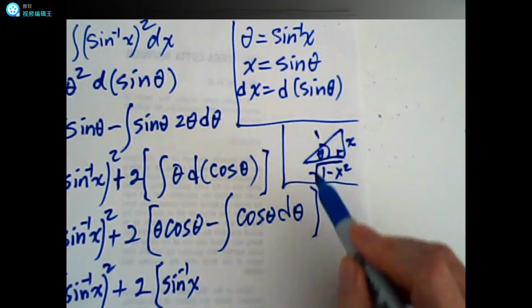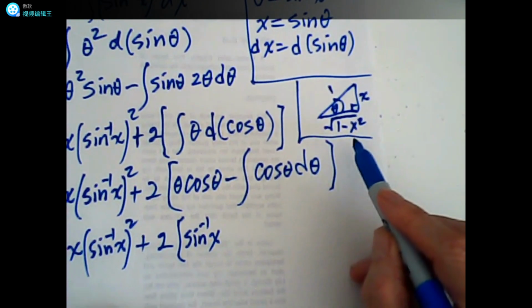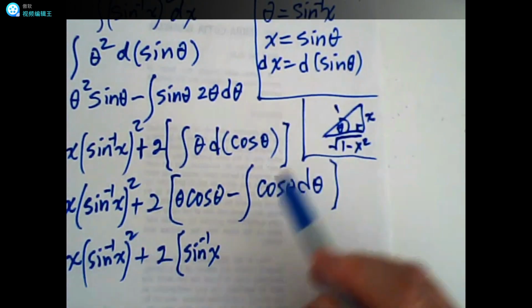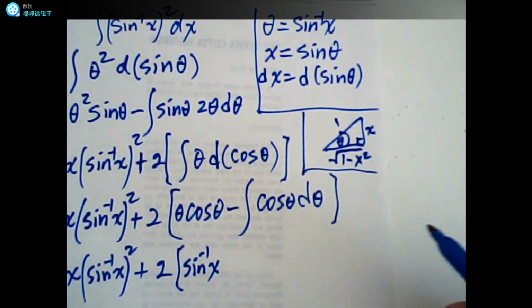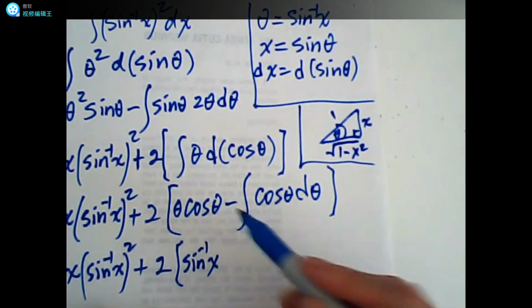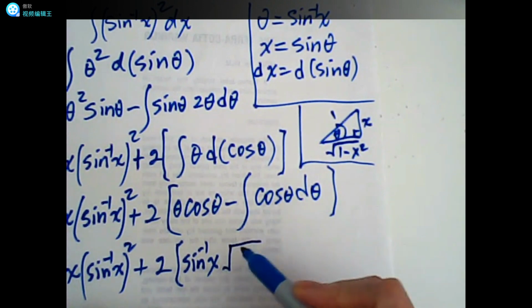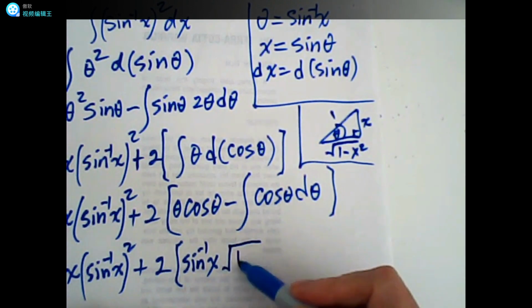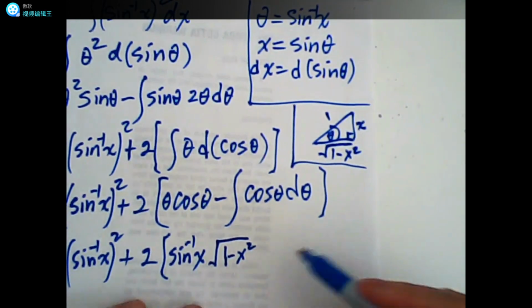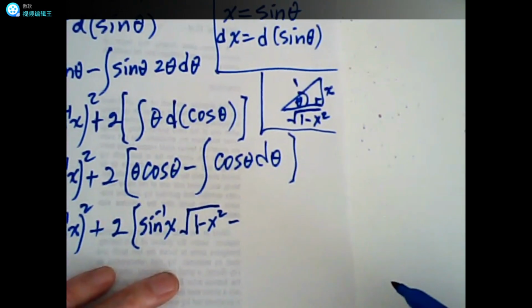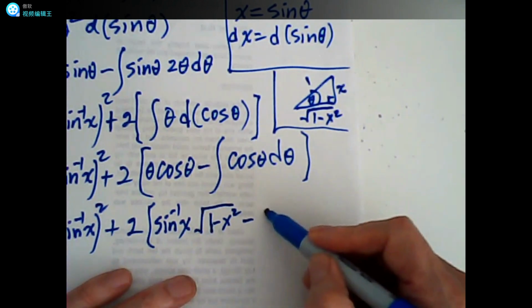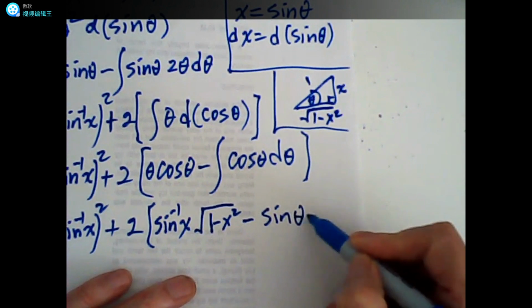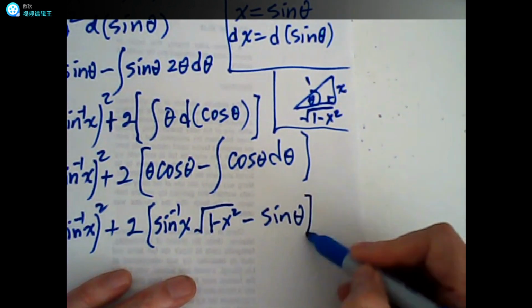So cosine theta is the square root of 1 minus x squared over 1. The integral of cosine theta is sine theta, plus c.